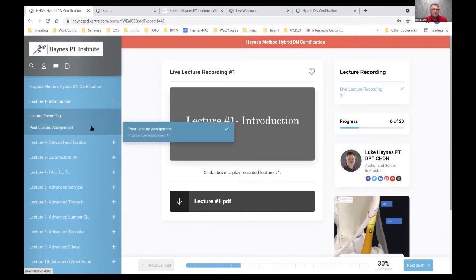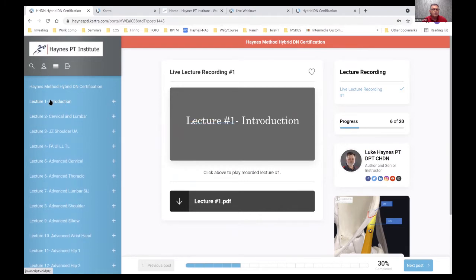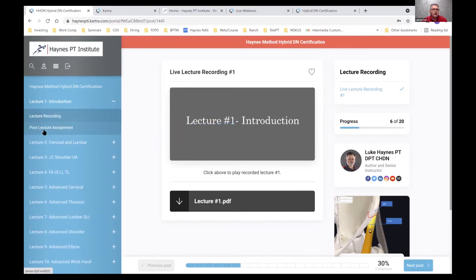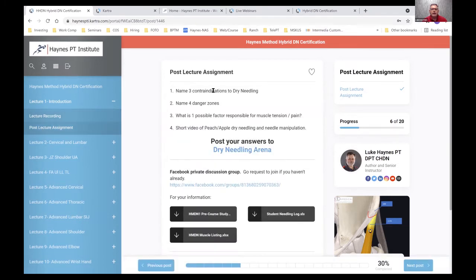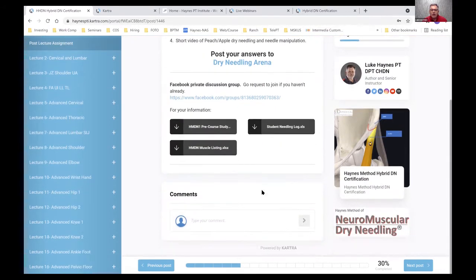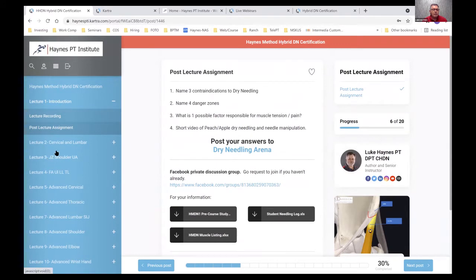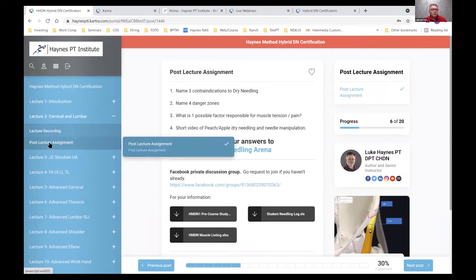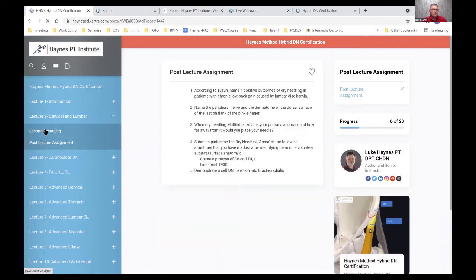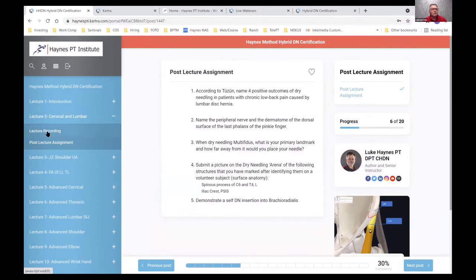There's also the post-lecture assignment below that, so we can click that again, come down to the post-lecture assignment, and then we see that. And I know that seems like a long time ago, but not that long ago for what we're doing. So we'll also move down. In last lecture, we had both the recording and the PDF download, but also the assignment under the lecture recording.